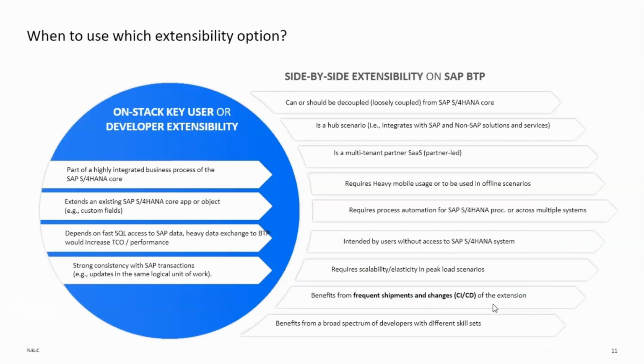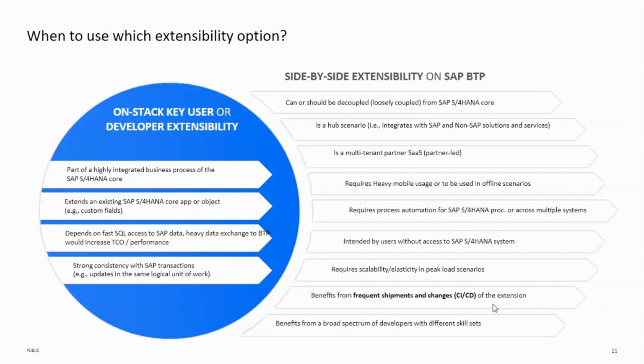So when to use which extensibility option? We have the on-stack key user or developer extensibility, which is within the SAP S/4HANA core, and the side-by-side extensibility, which is on the BTP. A part of the highly integrated business processes of SAP S/4HANA is our on-stack key user extensibility.